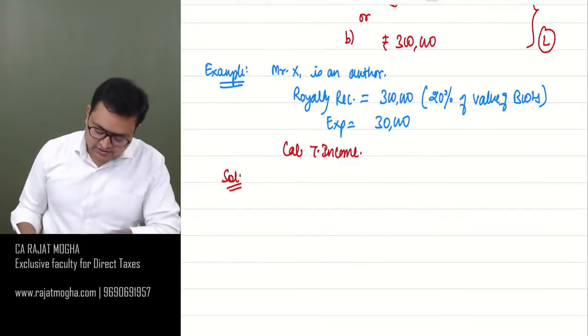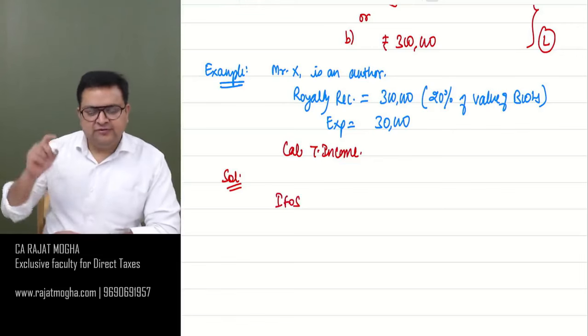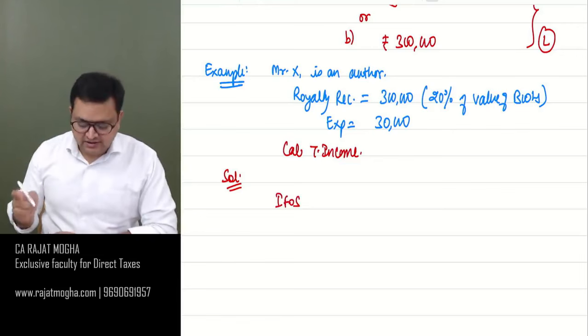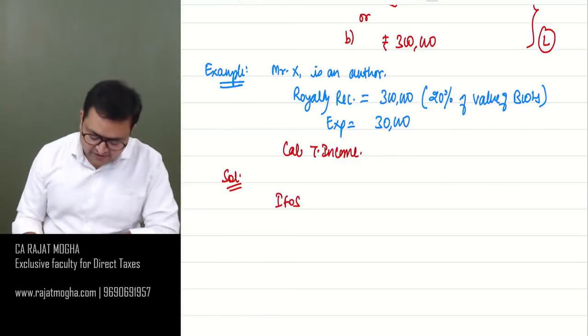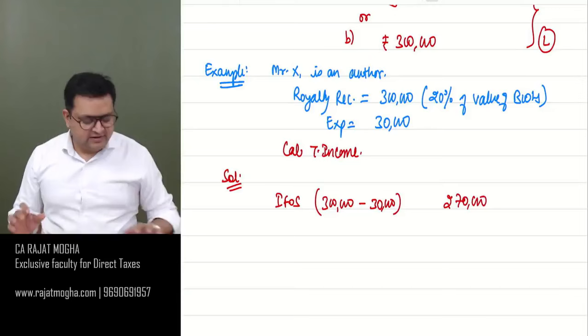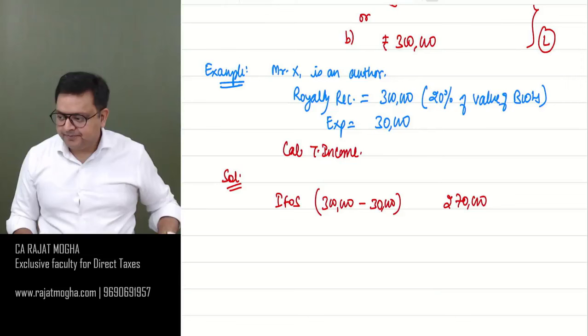Right now you're not concerned with 15%; 15% you are concerned with at the time of giving the deduction. Right now, your IFOS income would be the entire royalty which you received minus expenses 30,000. So your IFOS income would be 270. I think there should be no doubt.